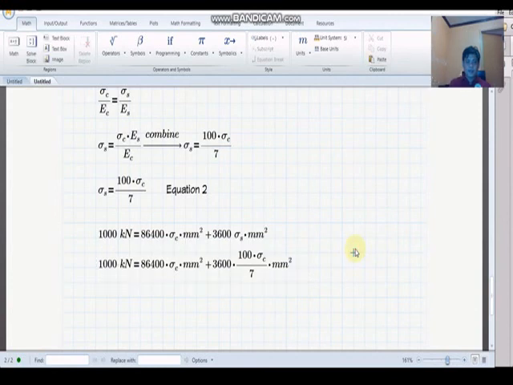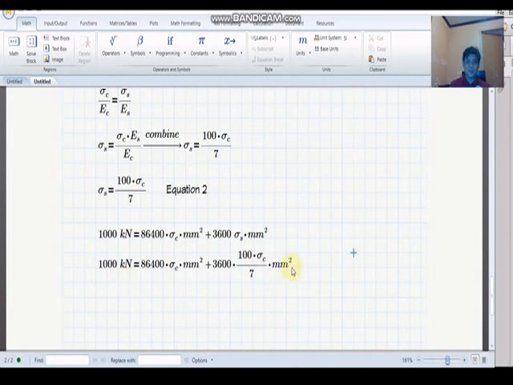So our combined equation has only a single variable, which is the stress of the concrete, and it's now possible to solve for it.